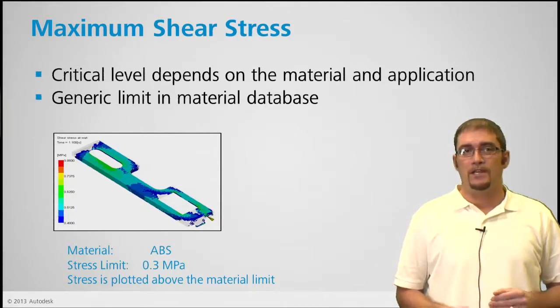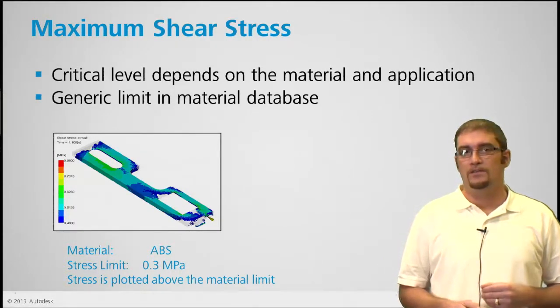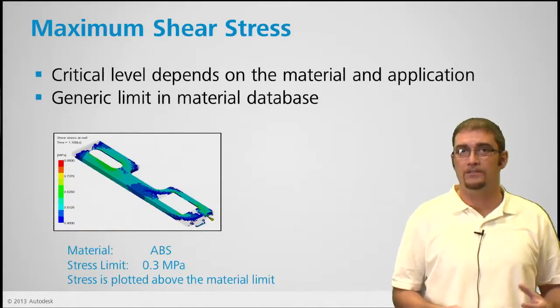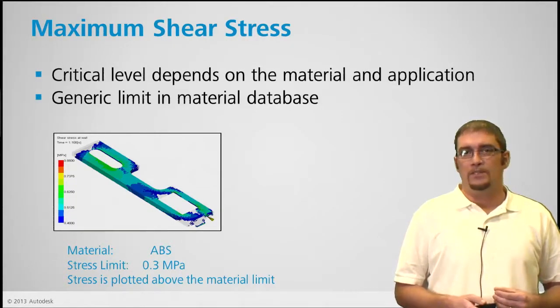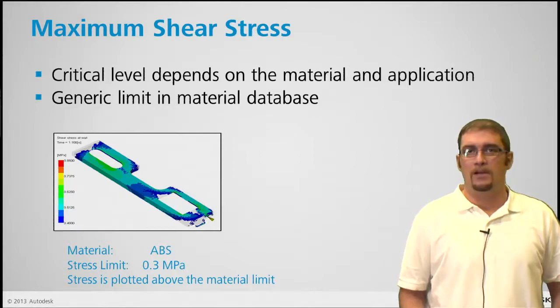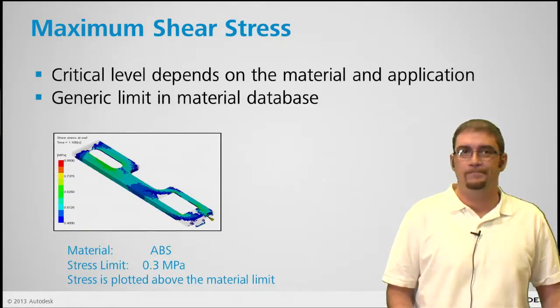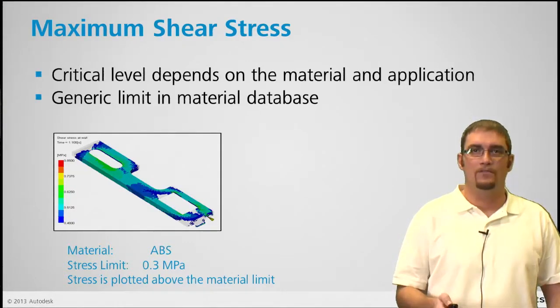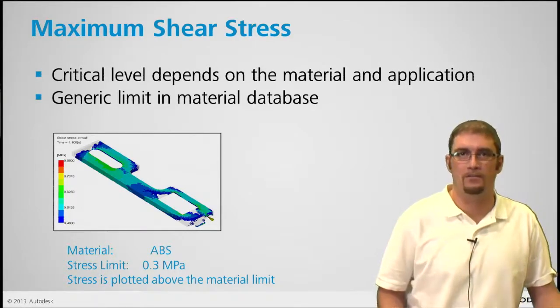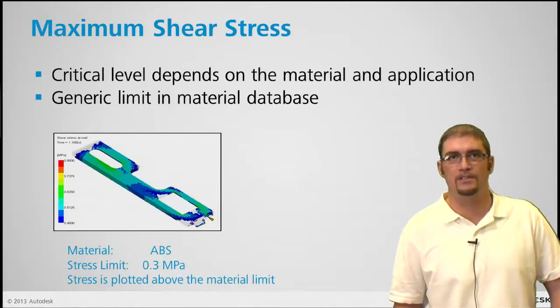So we're going to say an ABS material has a shear stress limit of 0.3 megapascals. If you want something a little more exact, then you might want to discuss this with your resin supplier. And of course, this will degrade some of your mechanical properties in the part if you exceed this.